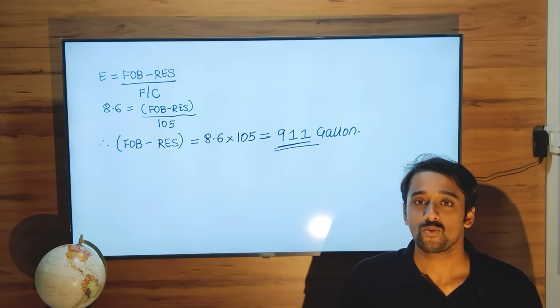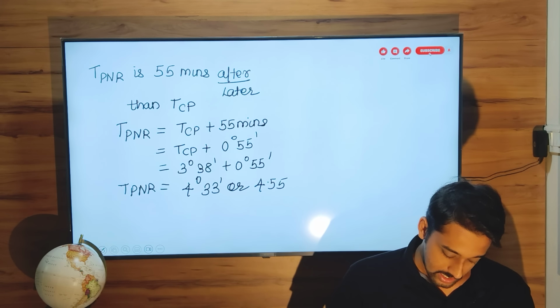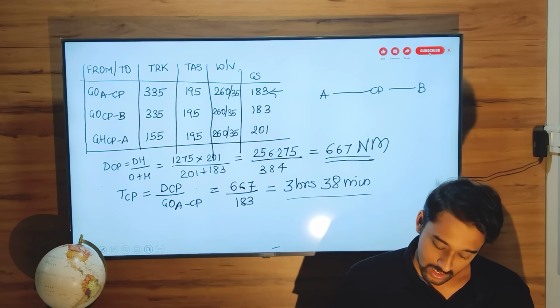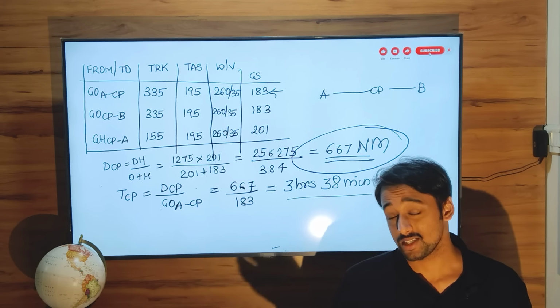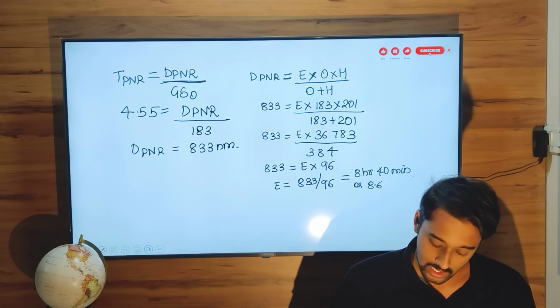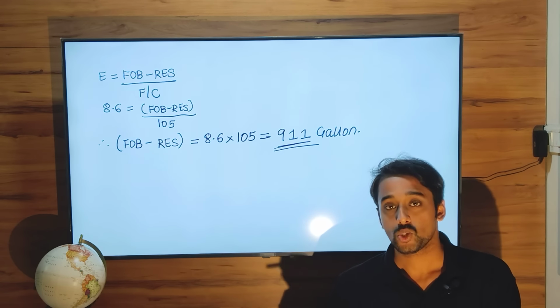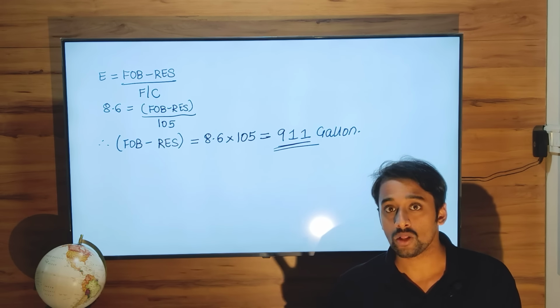Select the option which contains these values. So the first value is distance to CP, which is 667 nautical miles, and the next part of the answer is 911 gallons. So you will select the option which contains both these values.